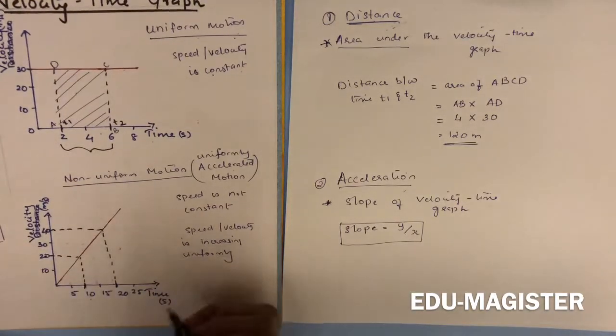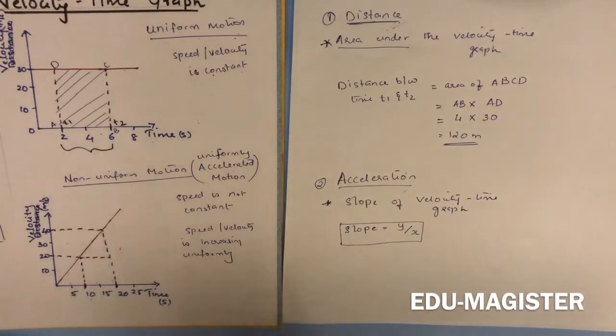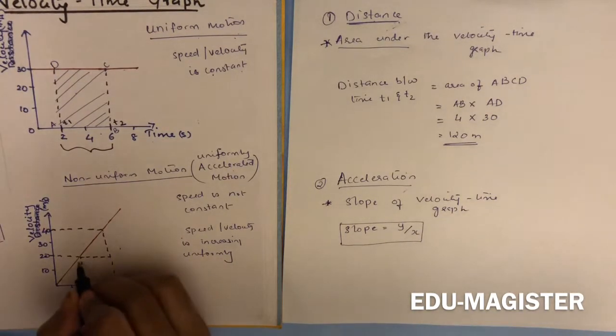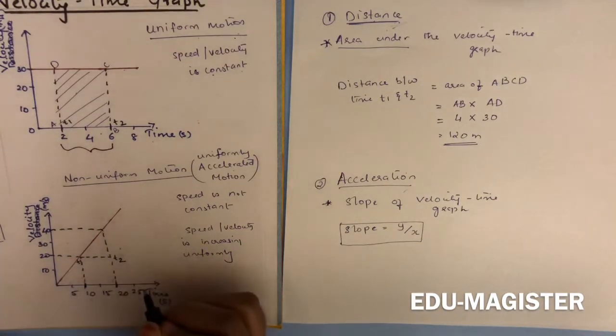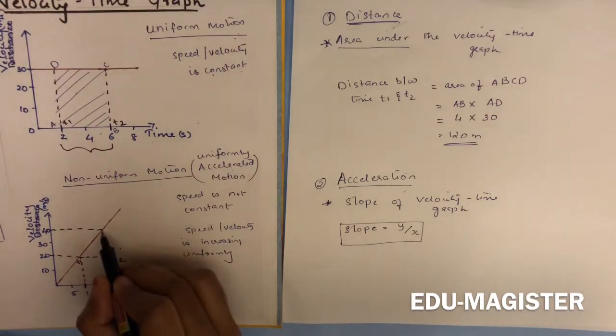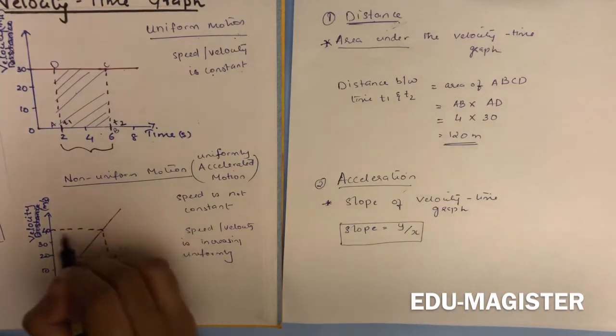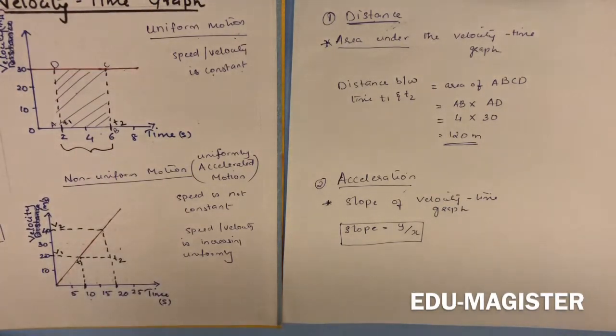Let me make a triangle like this. This is my T1, this is my T2, and these are my corresponding velocities, so this is my V1, this is V2.